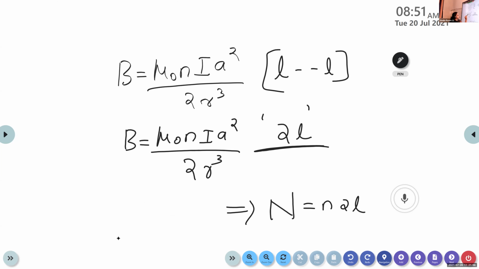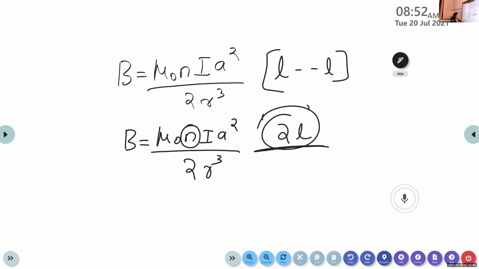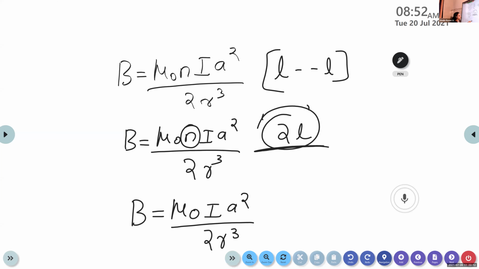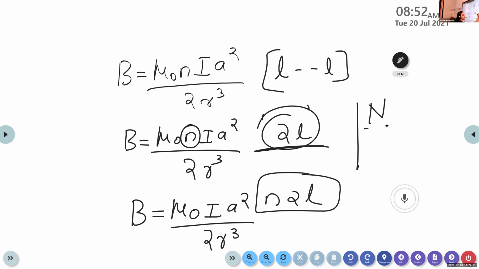So in our numerator here we have n into 2L. Before that we can just rearrange the equation. Here we have B is equal to mu 0 I a square divided by 2r cube into n 2L. What does this n 2L represent? Capital N by 2L is equal to small n, which implies capital N is equal to small n into 2L.